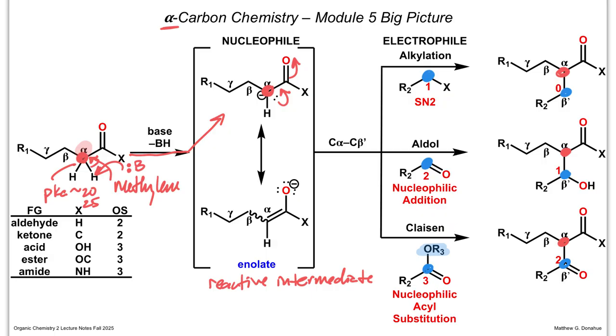So that's the overall reactions that we're going to study. We're going to get into the different nuances of generating the enolate, and then what are the offshoots of each of these. So alkylation, aldol, and Claisen, and then there's some variations of each of these that we'll study in terms of the nature of the nucleophile and the nature of the electrophile.